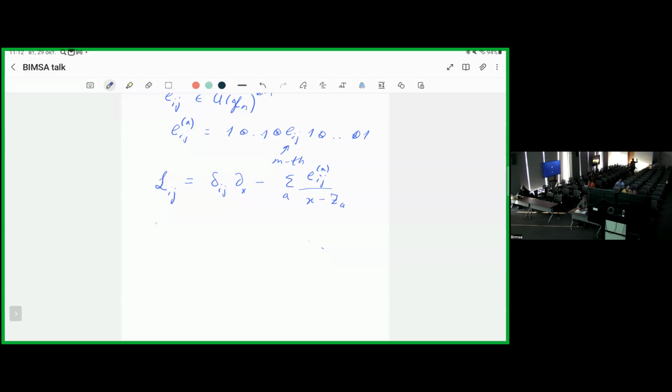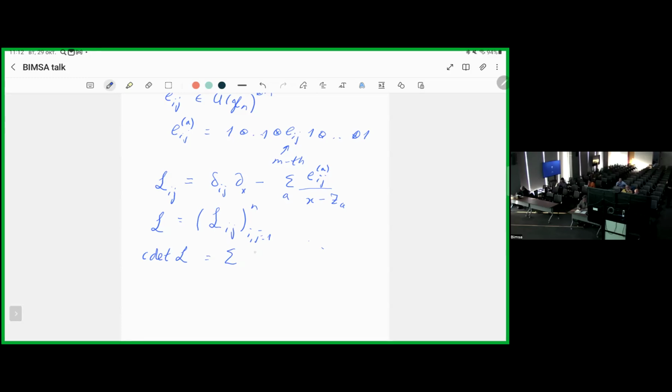And then I need to consider what's called the column determinant of this n by n matrix, right? So I should take L to be a matrix with elements L_ij, with i and j from 1 to n. And then I need to consider the column determinant of L. What is this thing? Well, it's defined in the same way as the determinant.